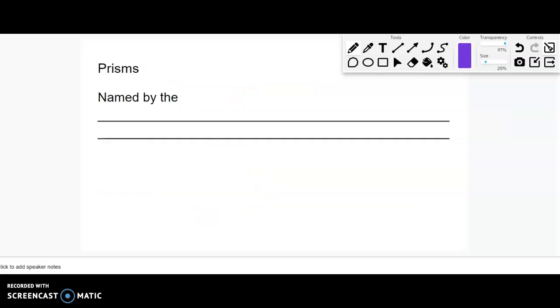Before we get to that, though, I want to remind you that prisms are named by the shape of the two bases. Remember, prisms have two parallel bases with rectangles in between, and we name the prism based on the shape of those bases.